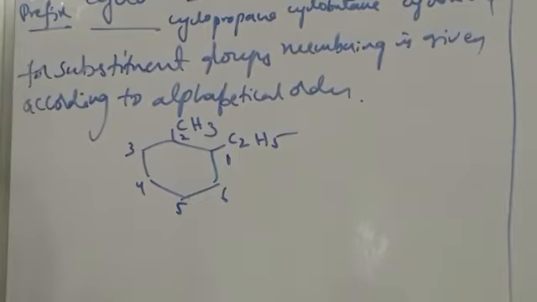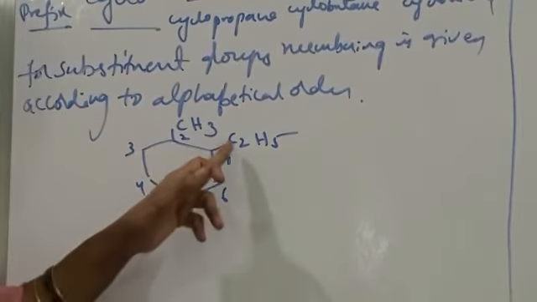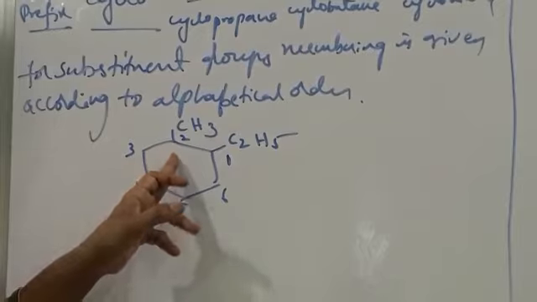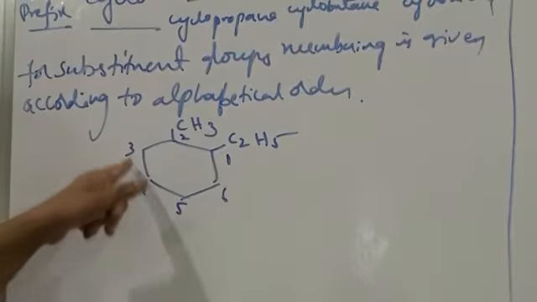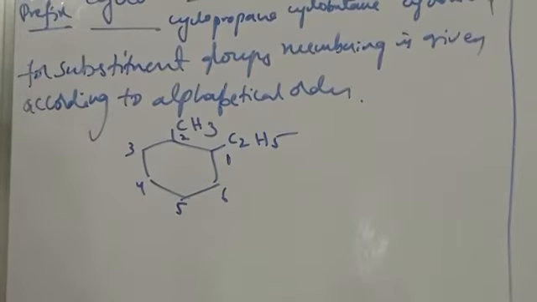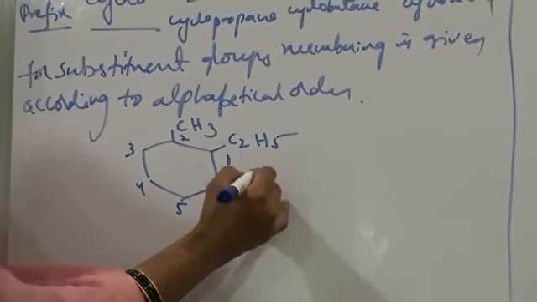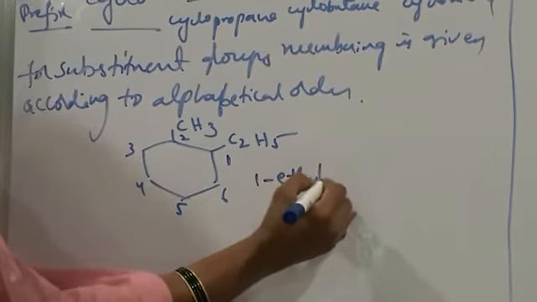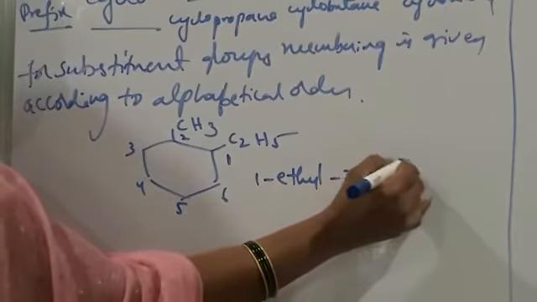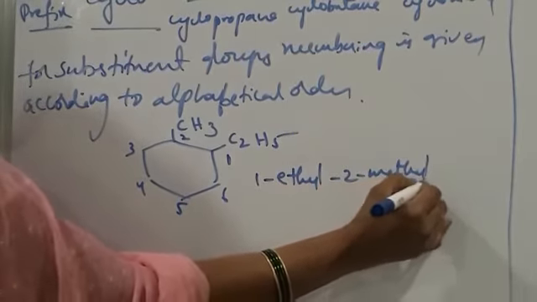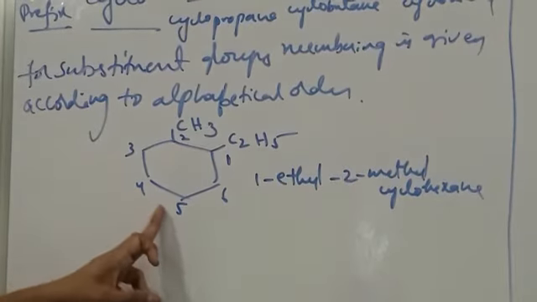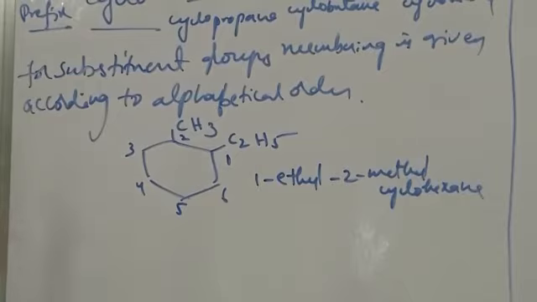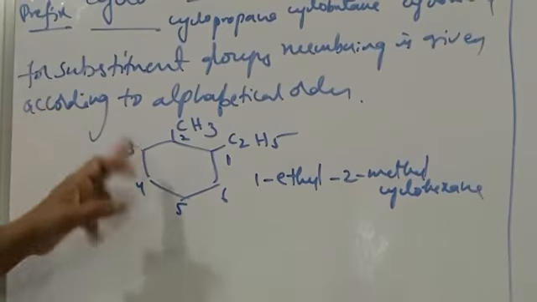And the name of this compound is 1-ethyl 2-methyl cyclohexane. 1-ethyl, since E comes first, then 2-methyl cyclohexane.